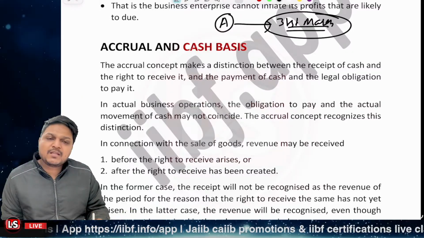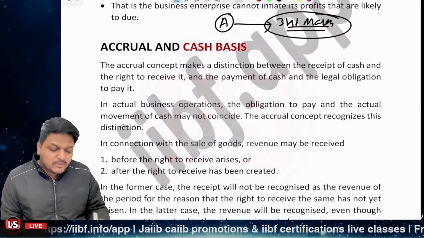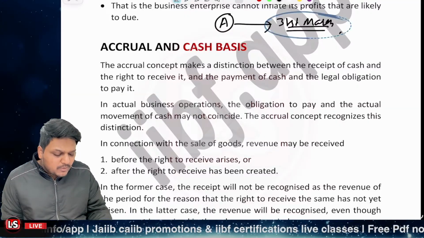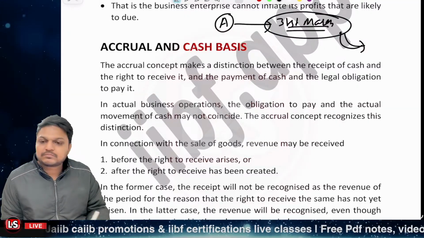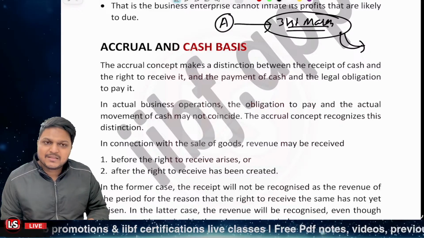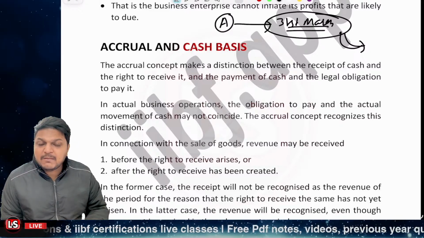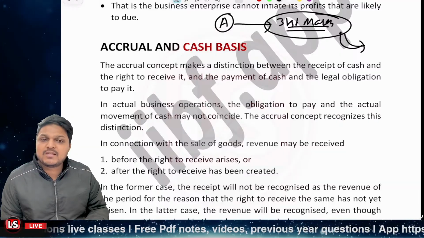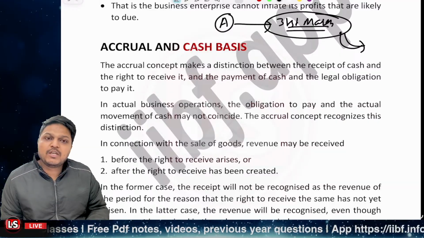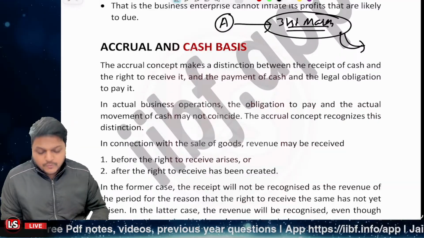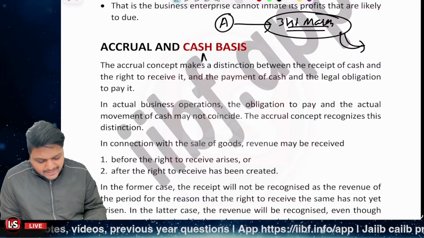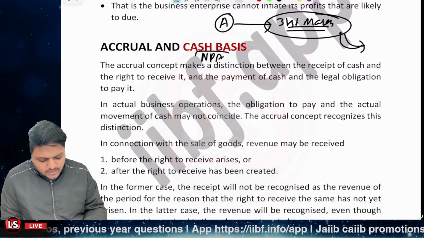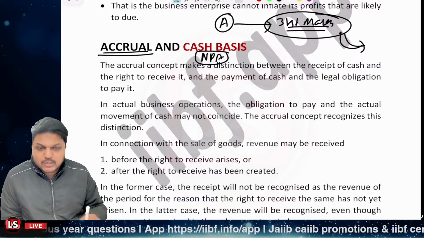He has not paid the installment yet, but you can still consider that particular amount in your revenue sheet, right? But if it was an NPA, then only the actual amount that you are going to receive, you'll consider as your revenue, otherwise not. So for non-performing assets, cash basis accounting is followed, but otherwise the banks follow accrual basis accounting.